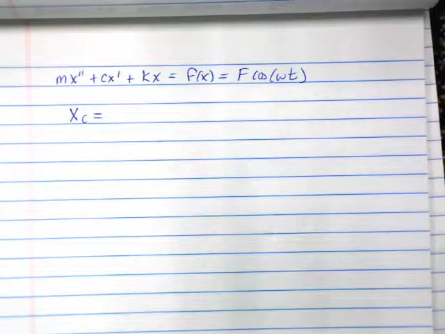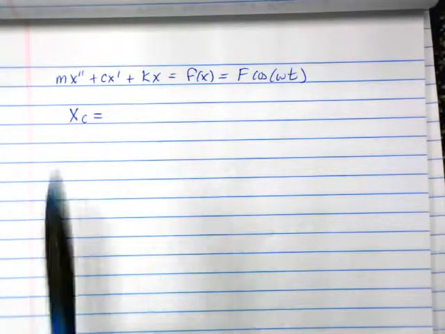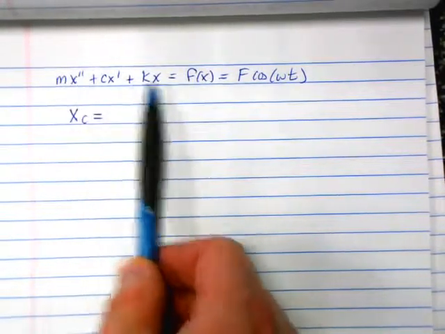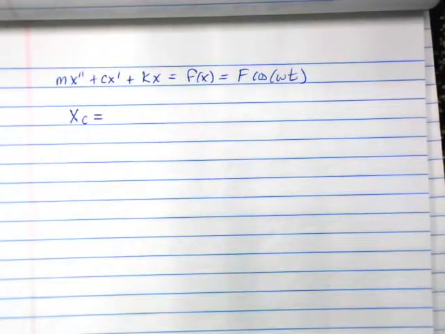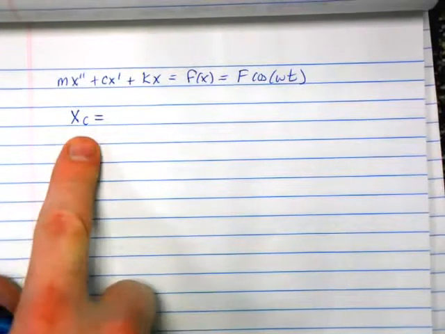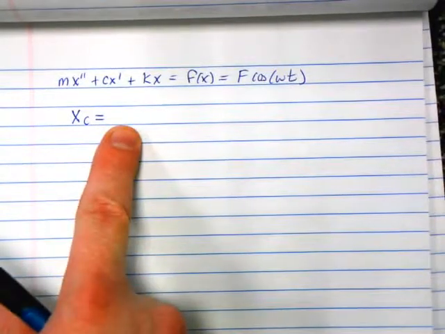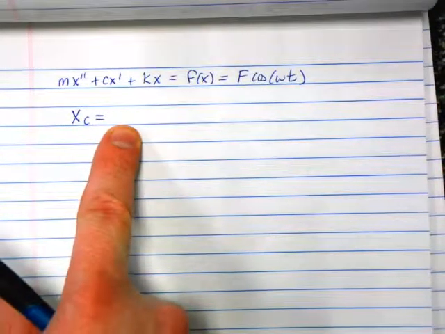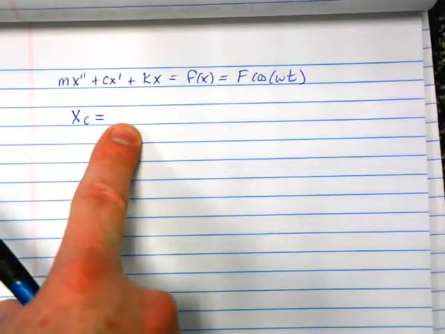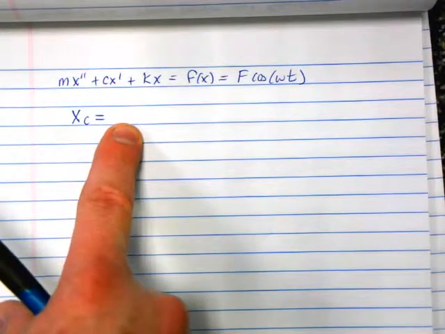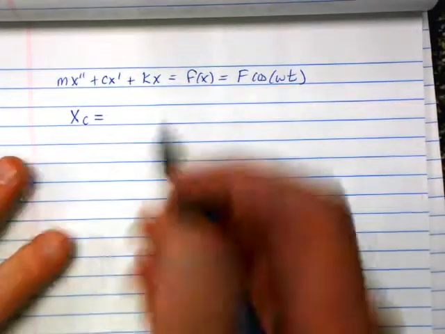Well, when we set this equal to 0, we discovered that three things could happen, because you end up solving a quadratic equation, and you got three possibilities. You might get two real roots. What happens if we get two real roots? What kind of equation is this complementary going to have? Overdamping. I'm just looking for the formula that we ended up with.